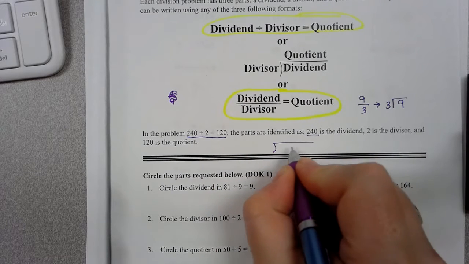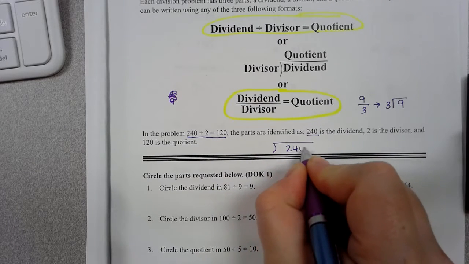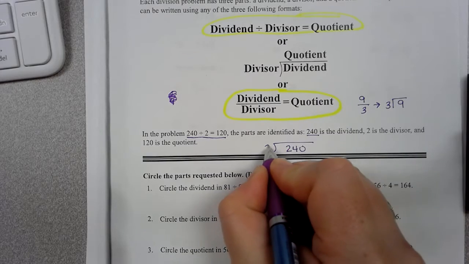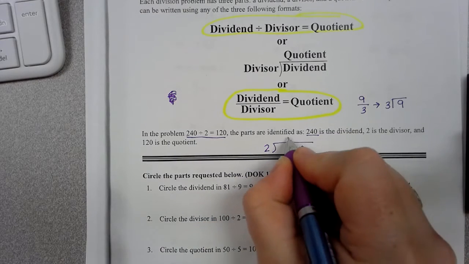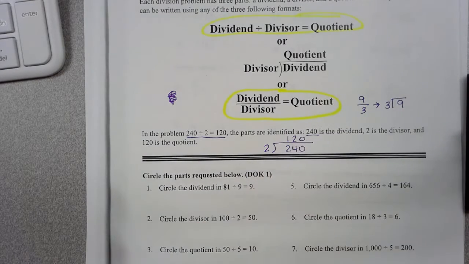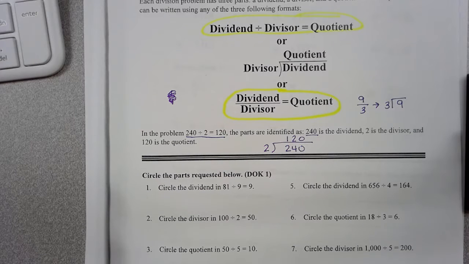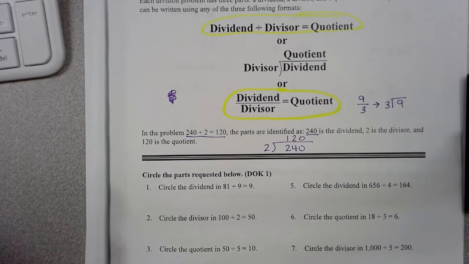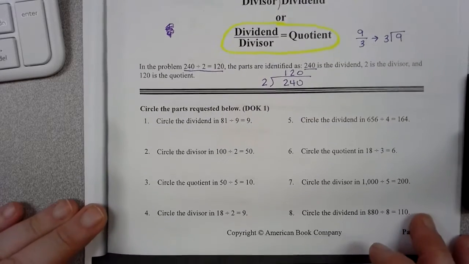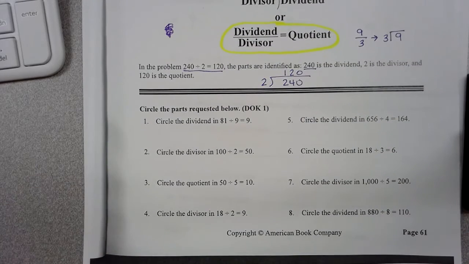So if we were to rewrite this, the 2 is the divisor, and 120 is your quotient. So this right here is just something to get us used to what we're doing.